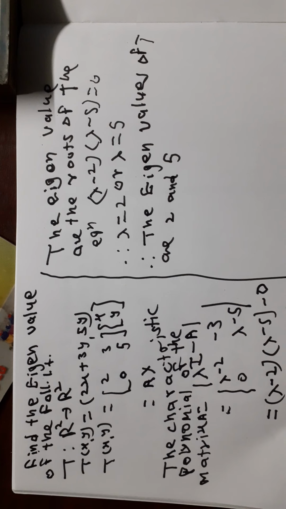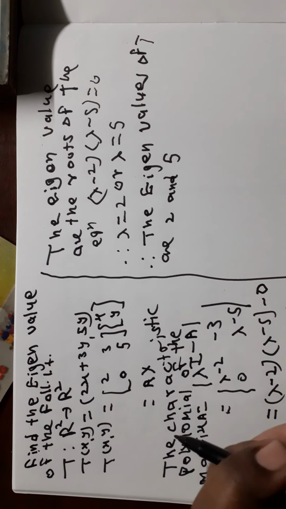Now here T from R2 to R2 is a linear transformation, and we found the eigenvalues of T, which are equal to 2 and 5. Now let us find the eigenvector of T corresponding to these eigenvalues.